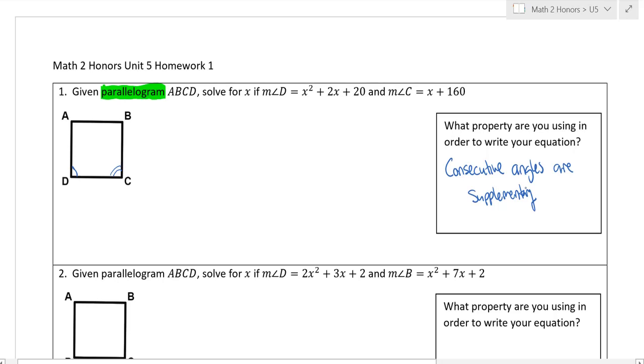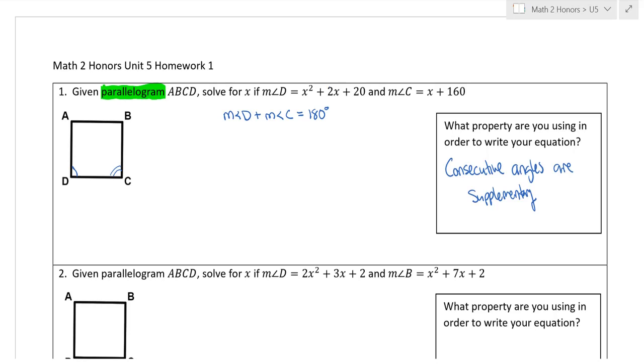Which means they add up to 180. So I know that the measure of angle D plus the measure of angle C is 180.